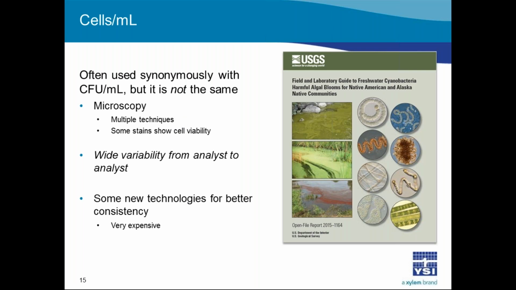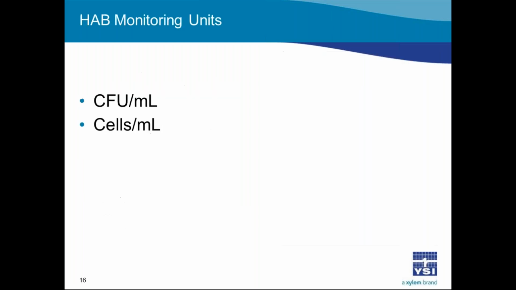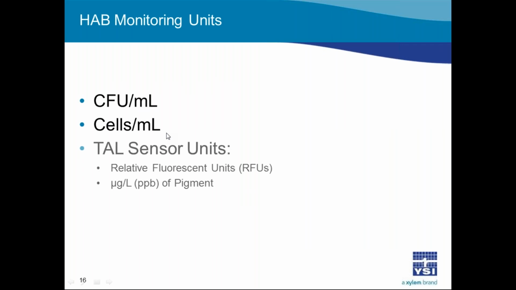There are new technologies now, FlowCam as an example, some different flow cytometry technologies that do give better consistency in obtaining cell per mill numbers, but they are very expensive and they're really not practical for monitoring purposes. So those are two very, very common units used for counting algae.